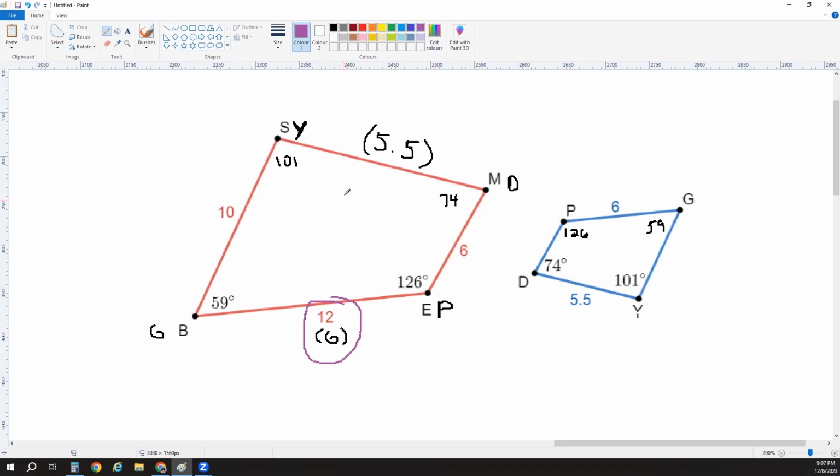That means that the red triangle, all the proportions are twice as big as the blue one. So I really don't need to do very much math here, right? So all the blue ones are half as much. All right, so PD is going to be half as much as that one. So this one's going to be 5.